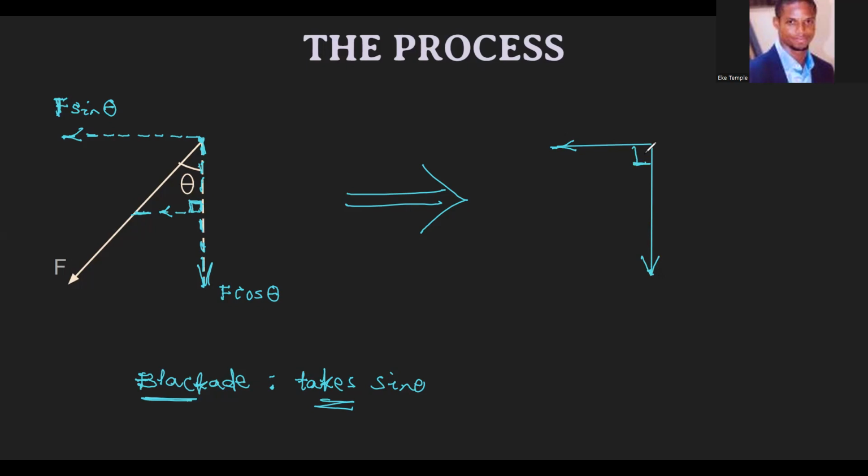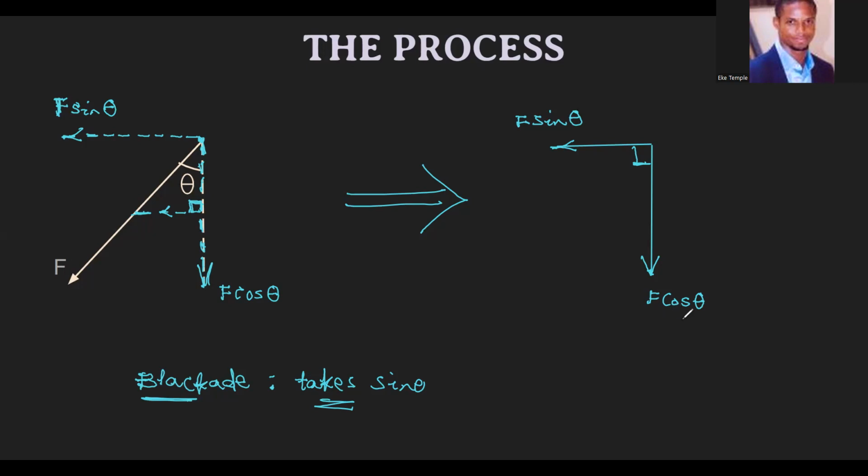The magnitude straight away: this vertical component takes F cos theta, and the other one takes F sine theta.